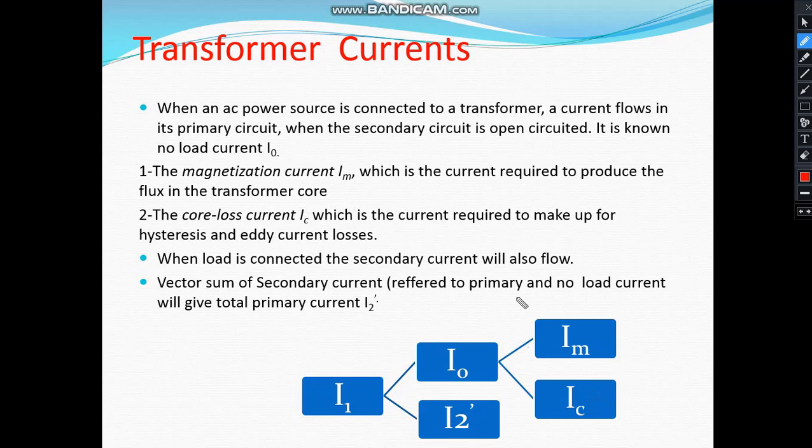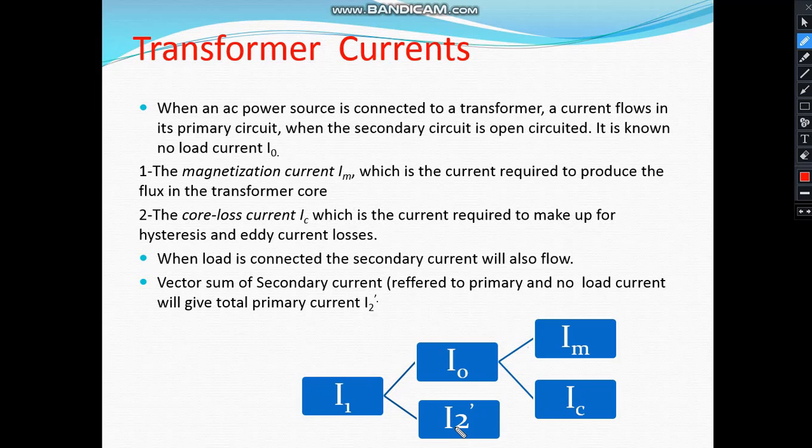Now if load is connected on the secondary side, its equivalent current referred to the primary side is known as I2 dash. Just like the voltage, if voltage V1 is stepped up n times, then the current is reduced n times in the secondary.